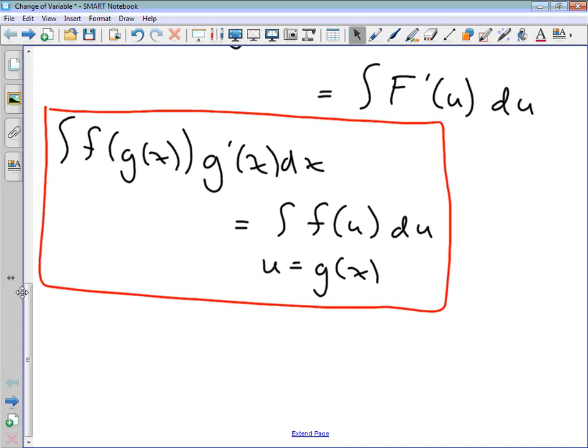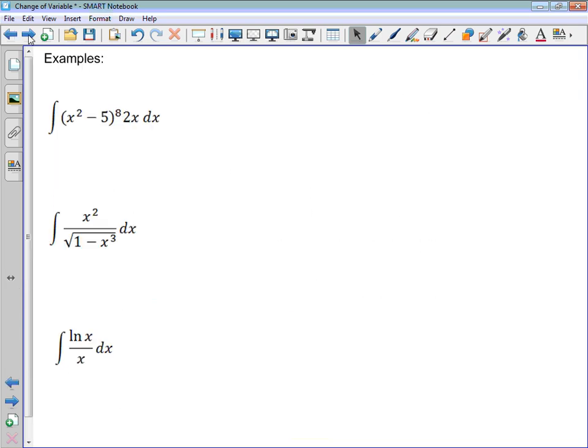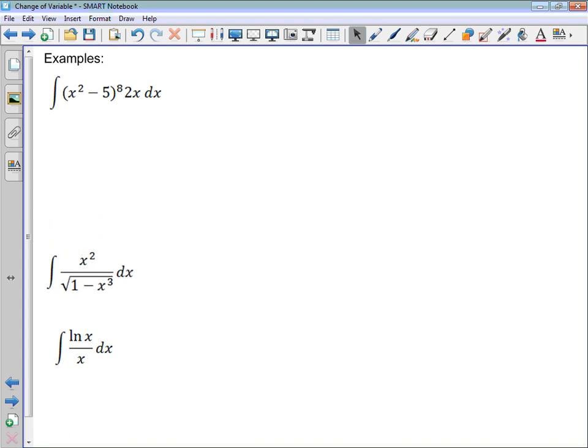It's a little bit easier to understand in practice. So let's take a look at a few examples here. All right? Here's our first one. We want to do the integral of x squared minus 5 to the power of 8 times 2x dx. We're going to think kind of like we did when we were doing the chain rule.